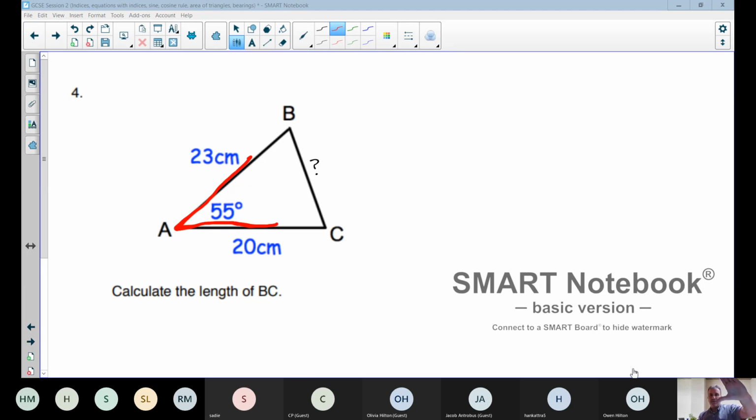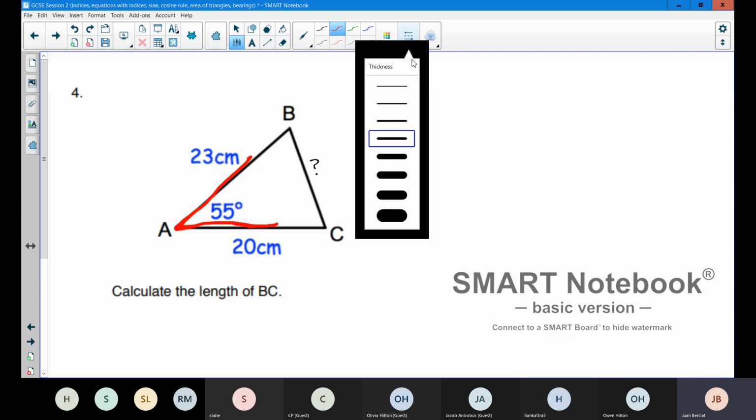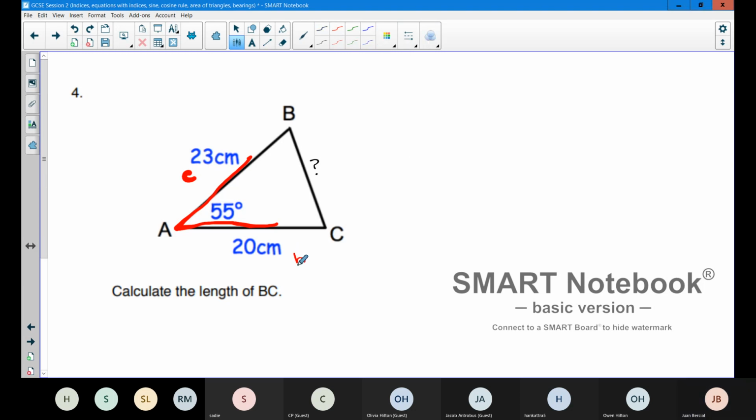Usually I say to my students, quack quack: when you know that and that, it is the cosine rule. So we're going to call this C, this one opposite is B, and this is little a.